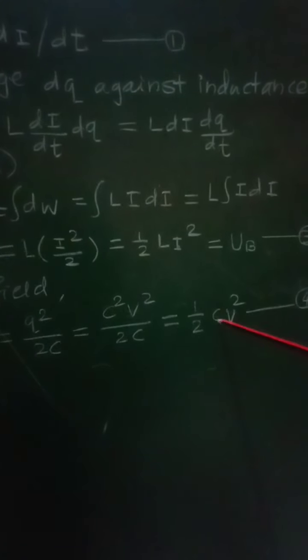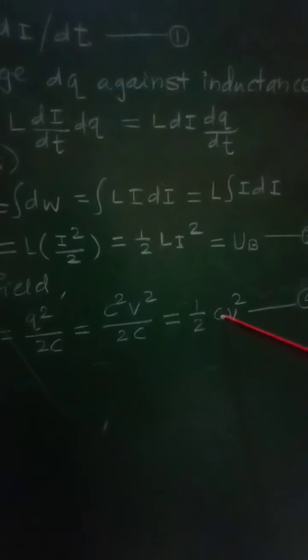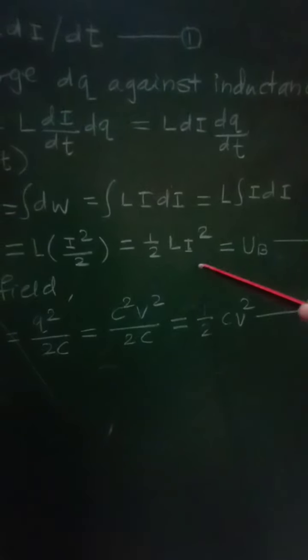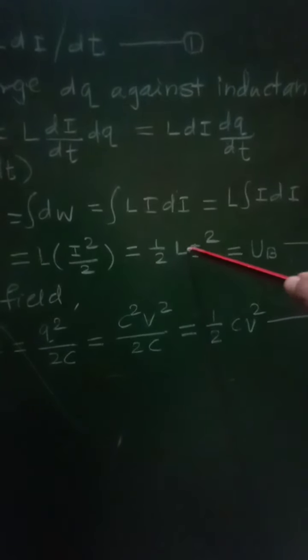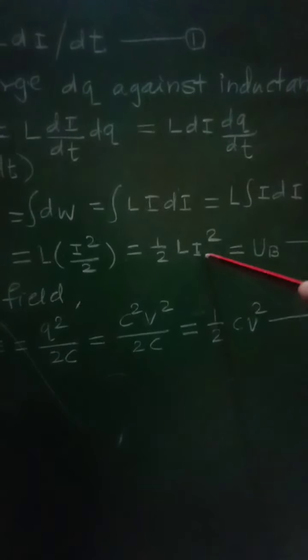And therefore from this relation we can say that the same role of the capacitance C in case of energy stored in the electric field will be played by the inductance L when the energy is stored in the magnetic field. The same role as that of the capacitance in the electric field will be played by the inductance in the magnetic field.